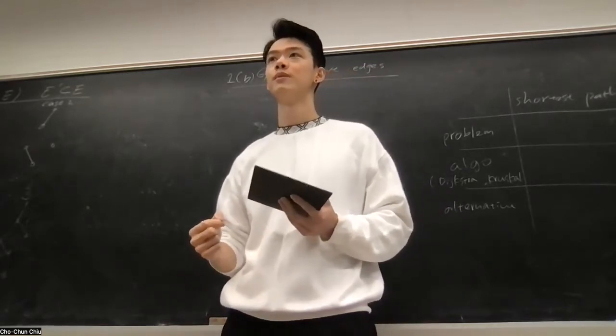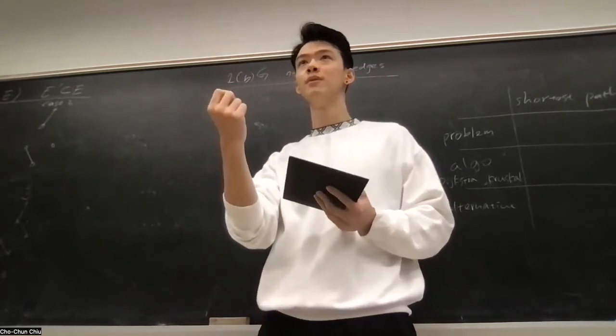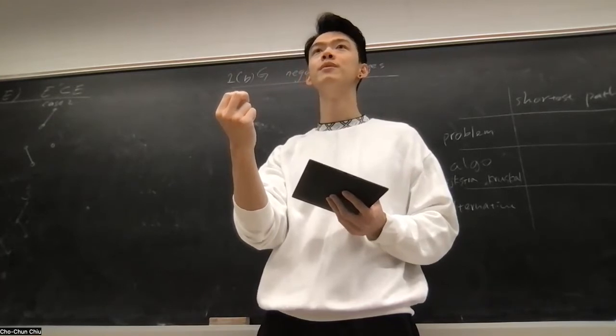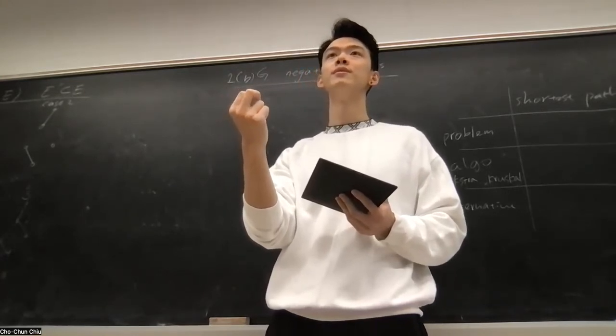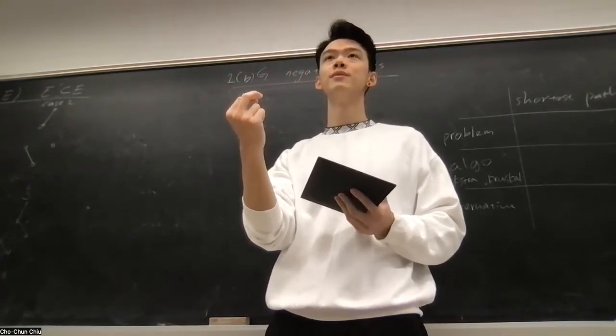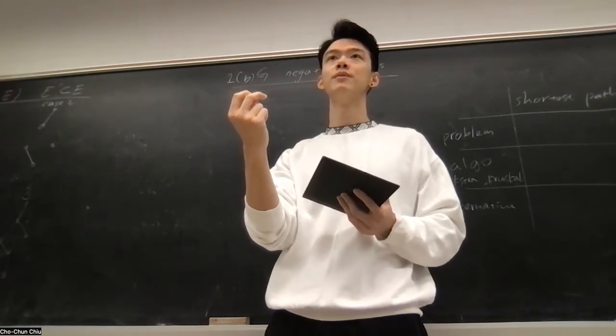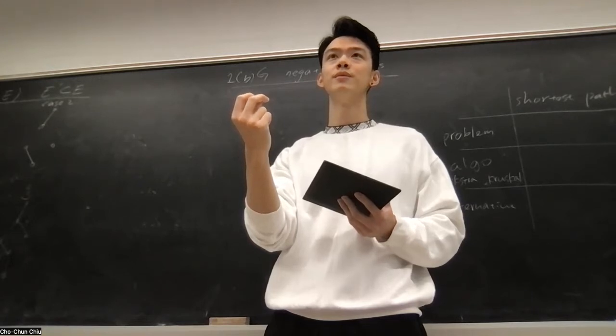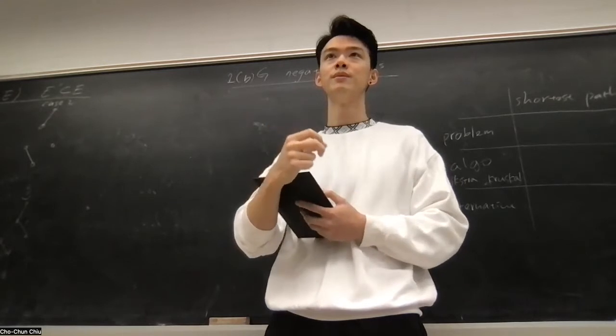Then I think we sort the negative edges from smallest to largest and add all of them to the minimum positive MST, and whenever it creates a cycle, we remove the largest positive edge.